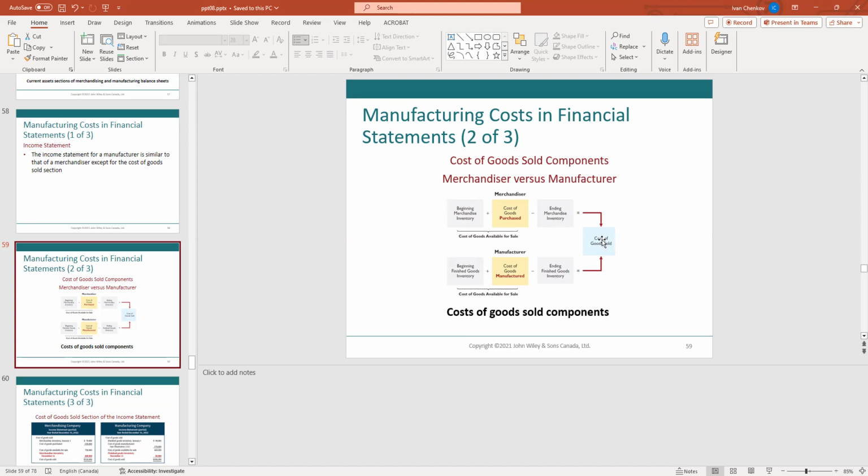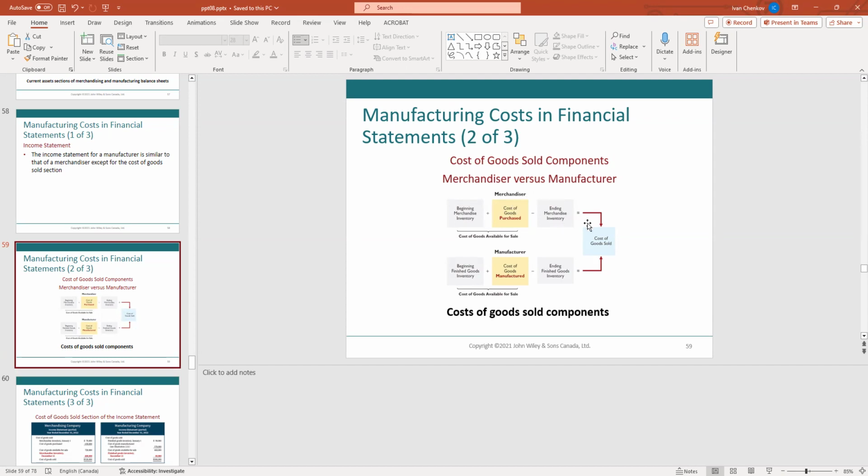$175. How did you get it? $5 plus... Beginning balance was $5. Yes. Plus 200. Yes, that you added, 205. Minus 20.